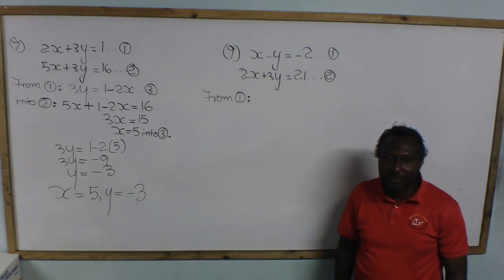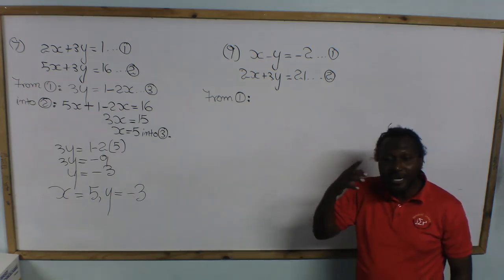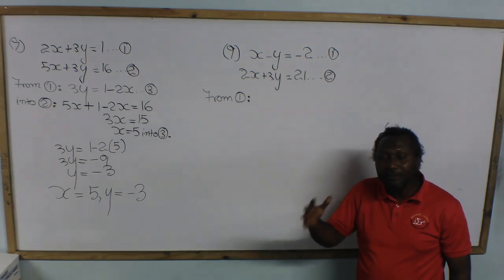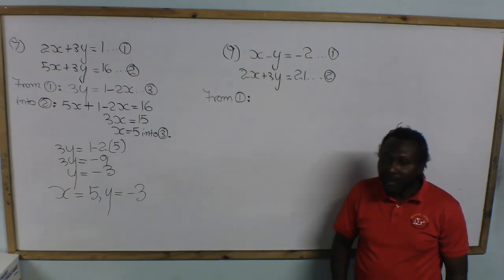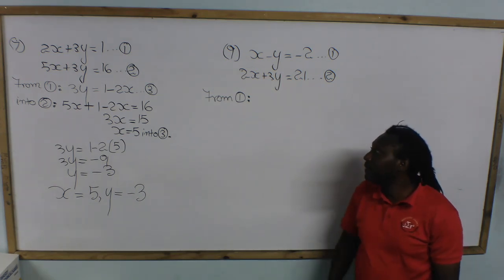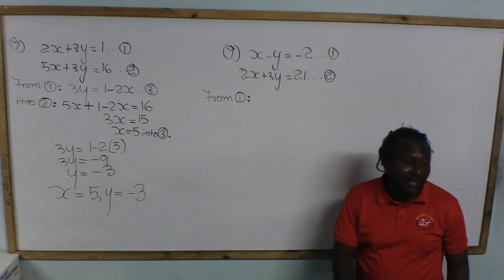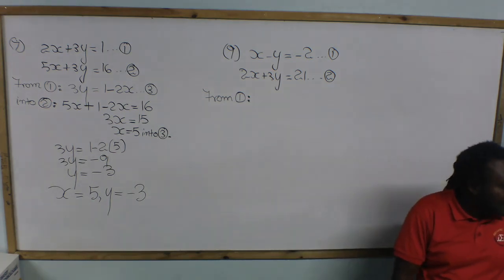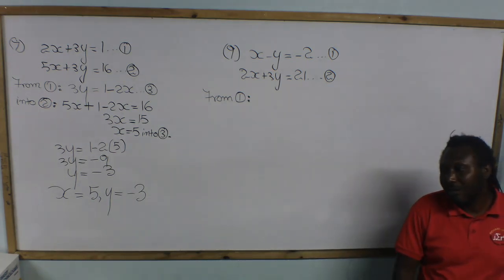No more negative numbers will appear. So if you can see that early, that will greatly simplify your work. All of you should be close to 100% efficiency in manipulating positive and negative numbers.